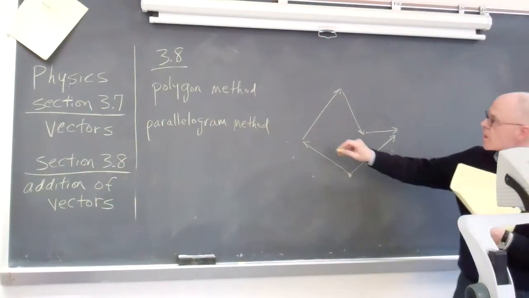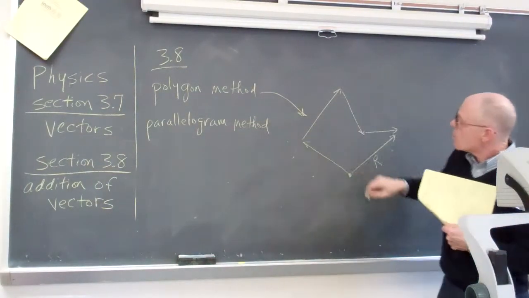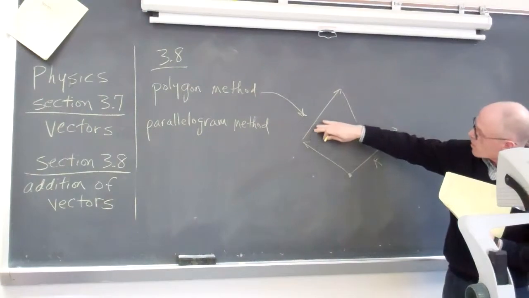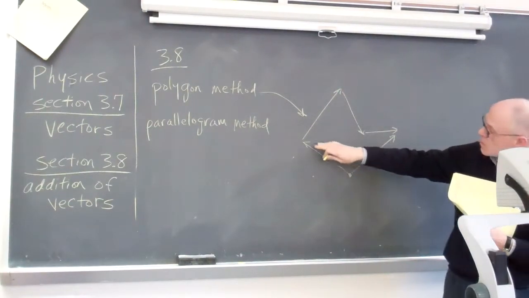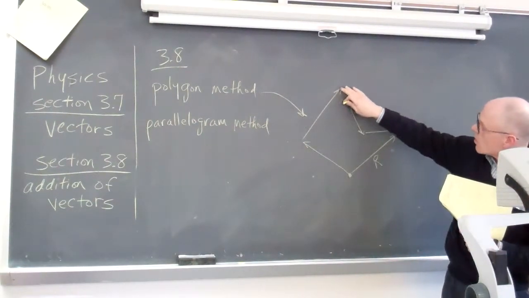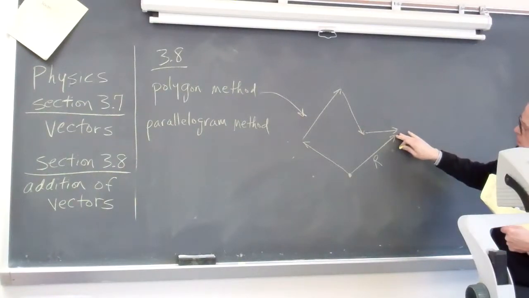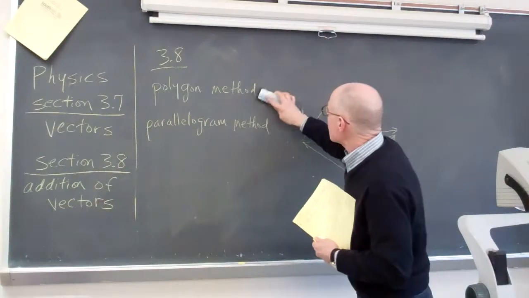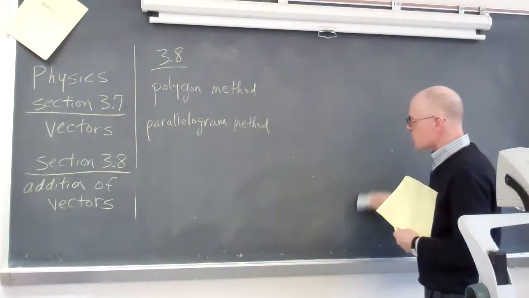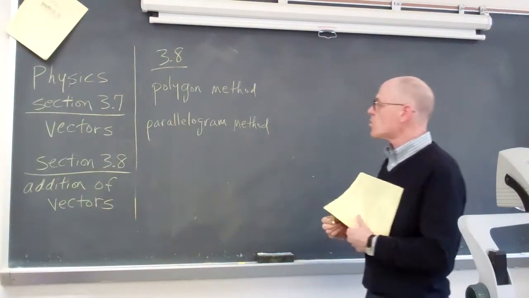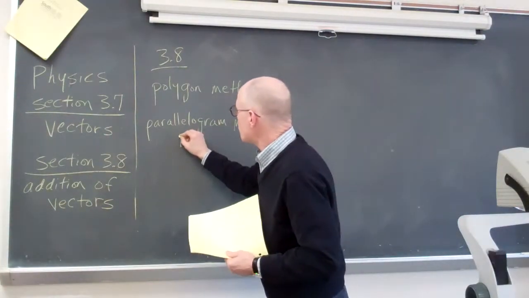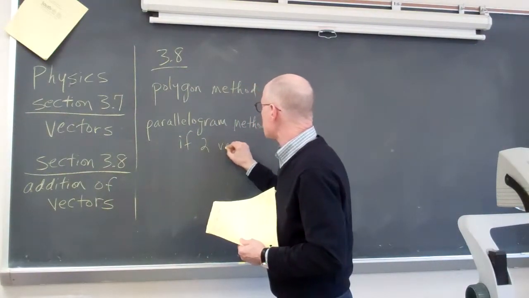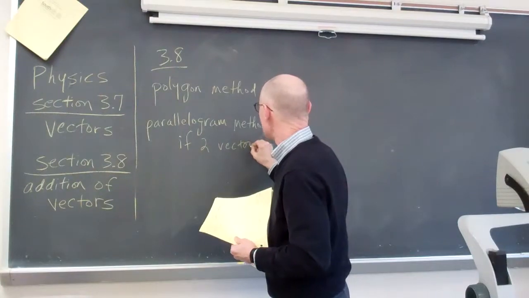So this is the polygon method, where you're just stringing the vectors along from head to tail of the arrows. And then you just draw from the starting point to the ending point. The polygon method is fairly restrictive.